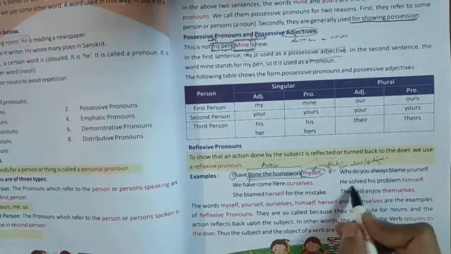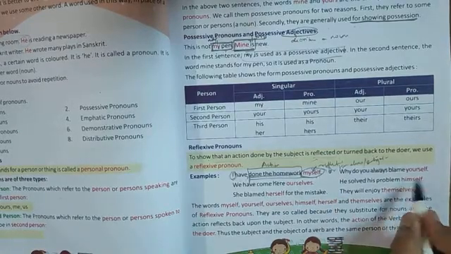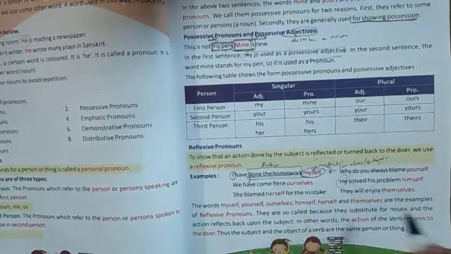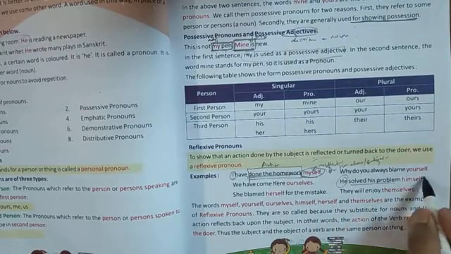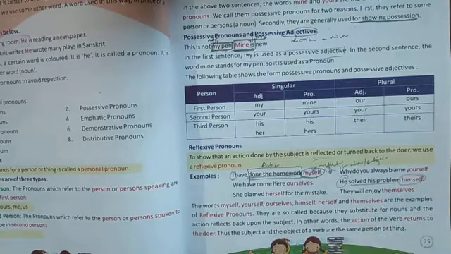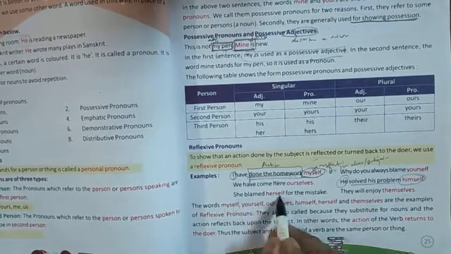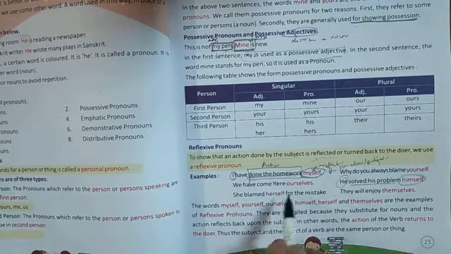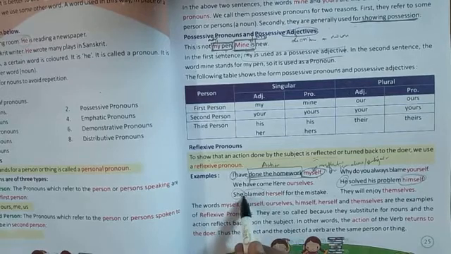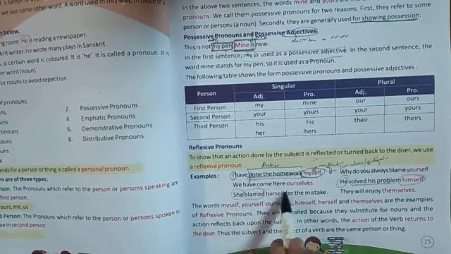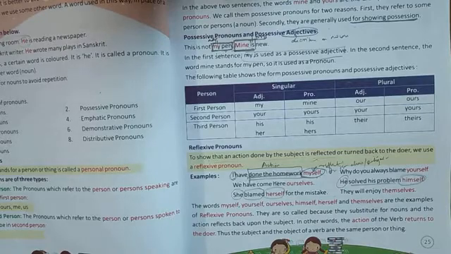For example, he solved his problem himself. He is the subject, solving the problem is the action, and himself turns back on the doer. She blamed herself for the mistake. She is the subject, blamed is the work, herself reflects back.